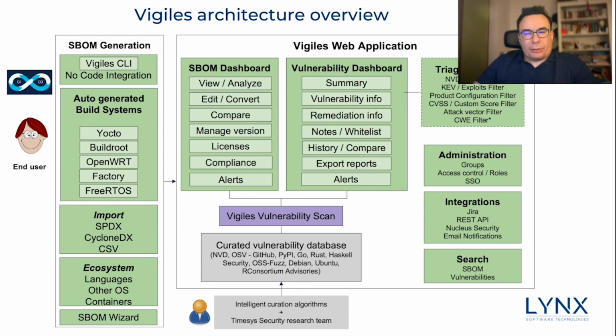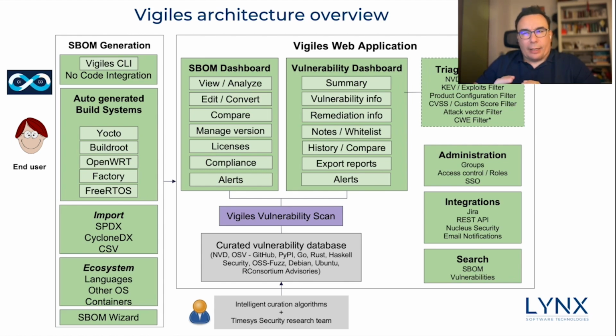With this highly accurate vulnerability database and with information about the configuration of certain software components in your product, such as the Linux kernel, we know exactly which drivers you are using, in fact, in the product. And therefore, we can expose you only to the vulnerabilities that are applicable to your product and to the configuration of software components that you use in your products.